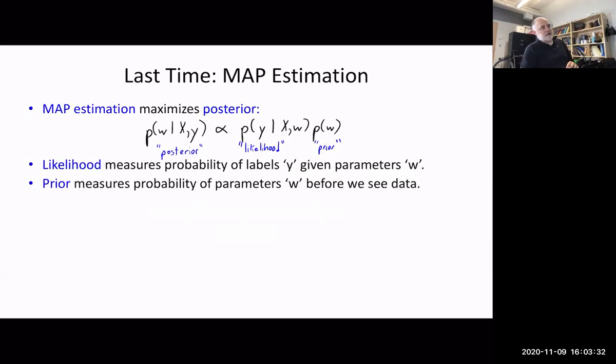But just to remind you, last time we talked about maximum a posteriori estimation, where we showed that it maximizes the posterior probability, which is proportional to the likelihood times the prior. The likelihood is the standard, unregularized loss that we've been looking at, and the prior is our prior belief about parameter values.